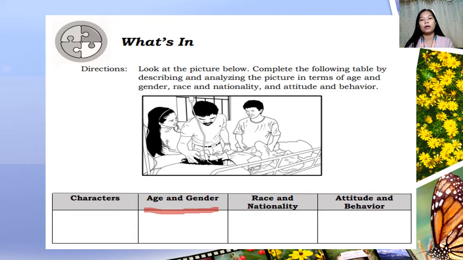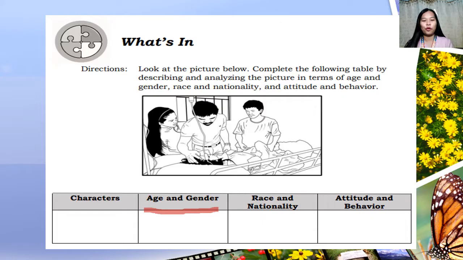Or if the character is too young, and we can say that because of his or her outfit, or maybe his or her face itself, then we can give a younger age range for that certain character. Now, as to the gender, for this activity, we are going to use male and female.